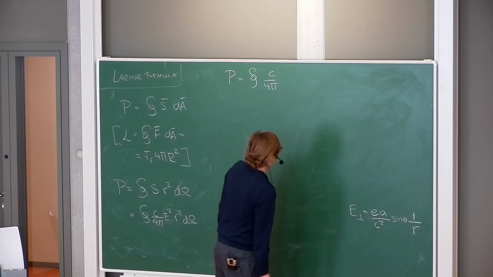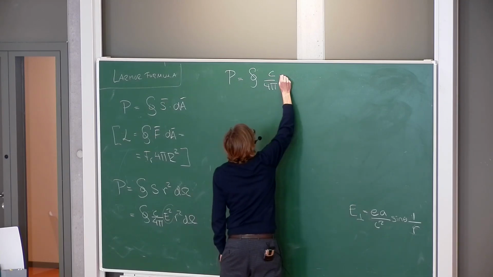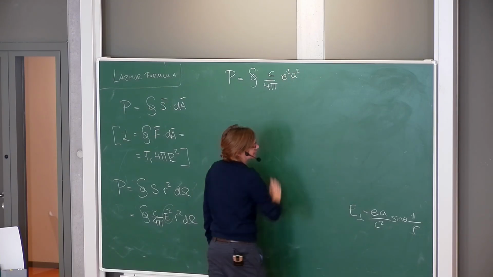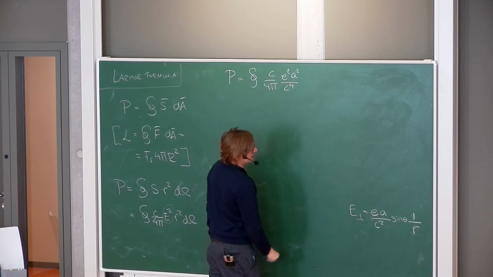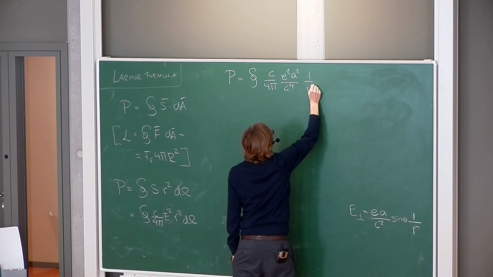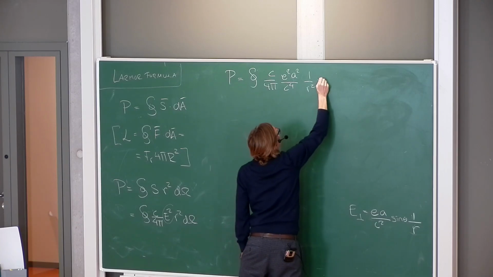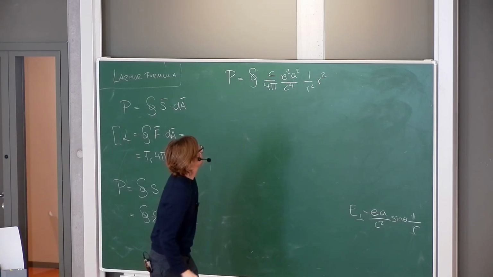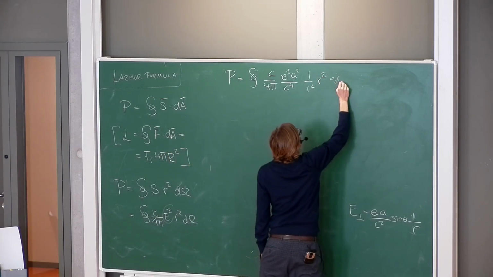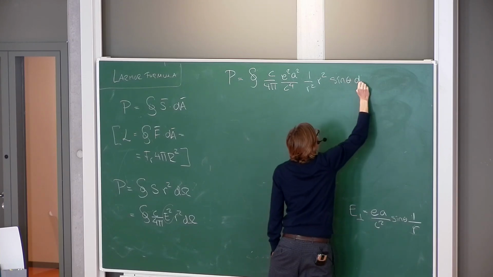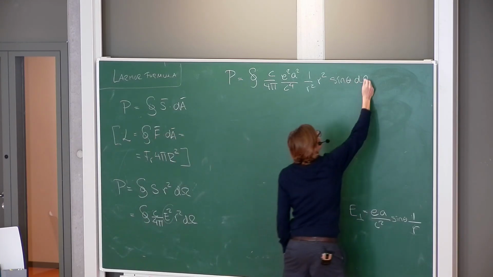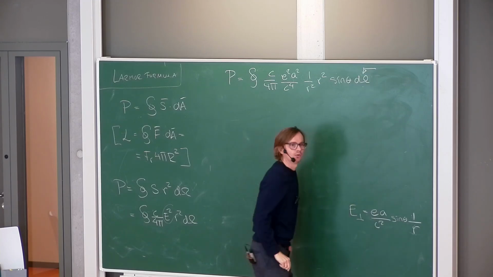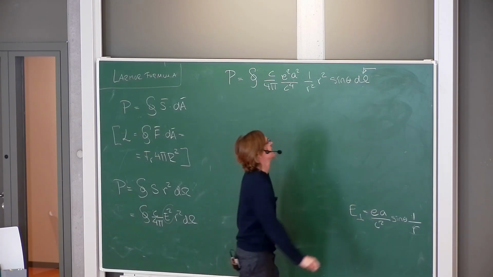And now, on this hand side, we have e squared a squared divided by c to the fourth, right? And then we have 1 over r squared. Then we have r squared. We have a sine theta d omega. Where, I remind you from the last chapter, we know everything about integrating over a solid angle, right?